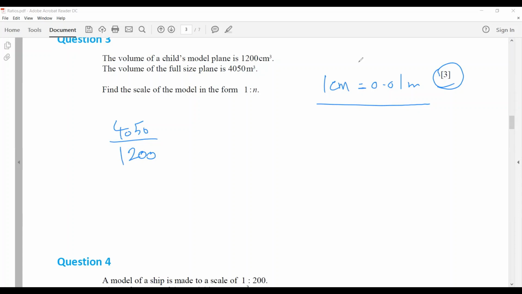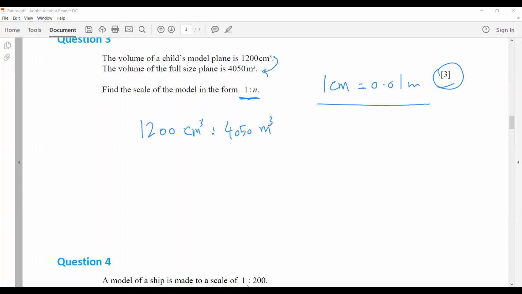Okay, actually, now that I'm reading the question, it's 1 to n. Sorry, it's model to real. So I'm not going to write it this way, I write it the other way around. 1200 cubic cm to 4050 cubic meter.